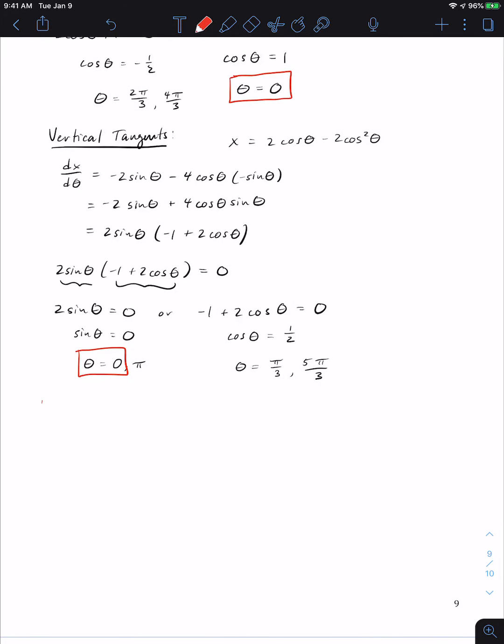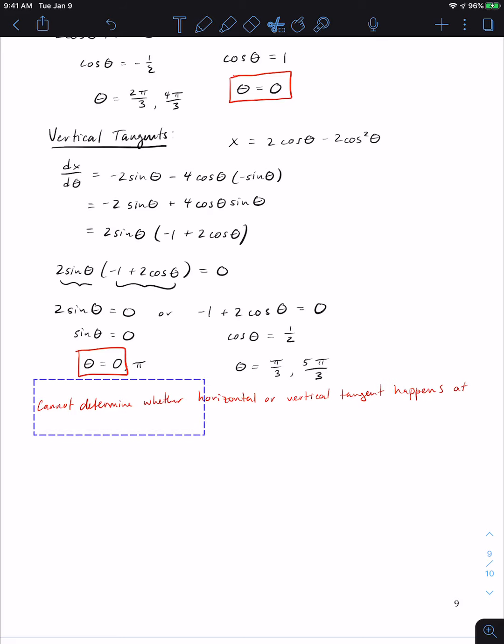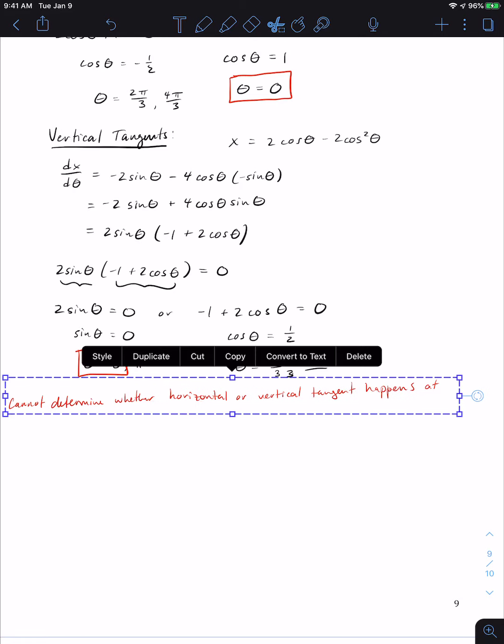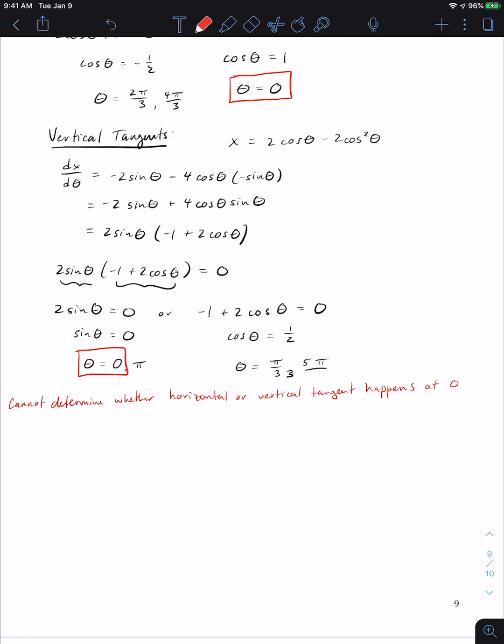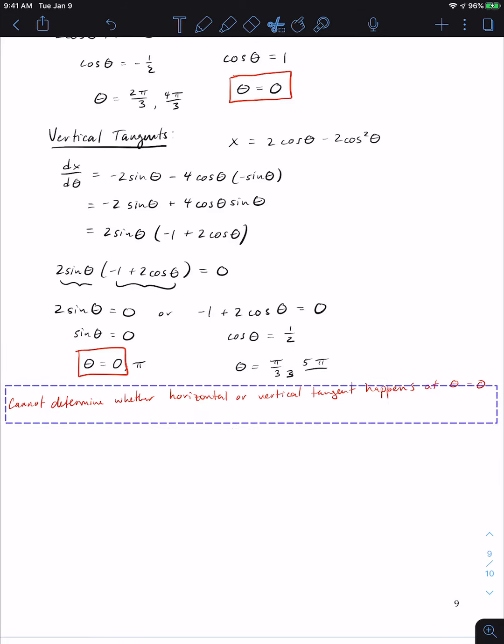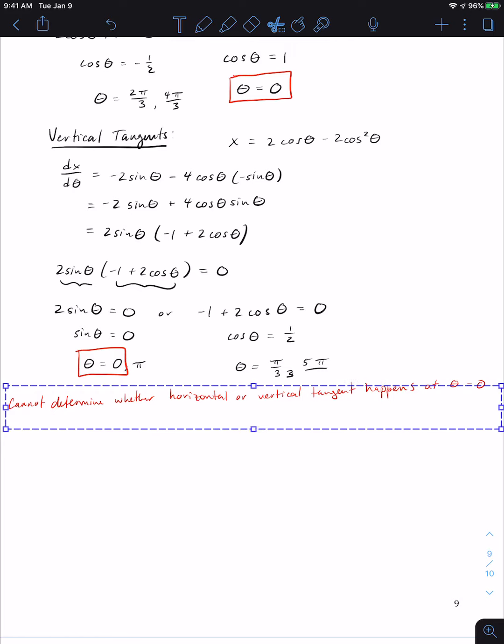So we cannot determine whether a horizontal or vertical tangent happens at theta equals 0, because it's a horizontal and a vertical tangent.